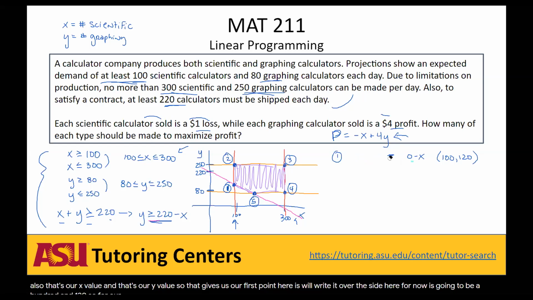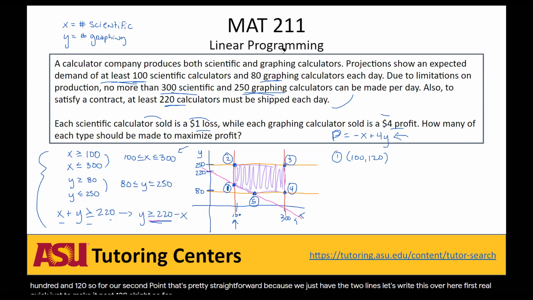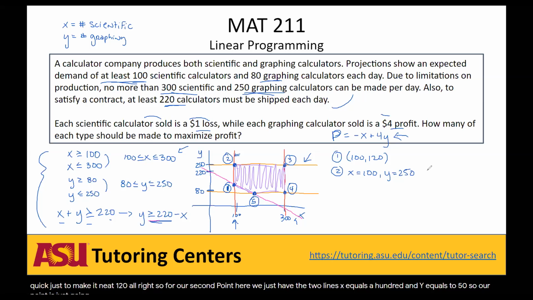For our second point, that's pretty straightforward because we just have the 2 lines, x equals 100 and y equals 250. So our point is just going to be 100, 250.